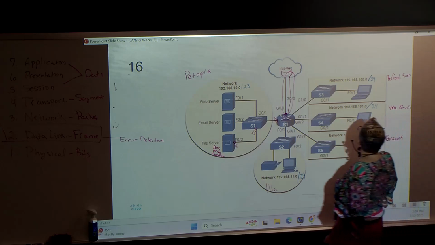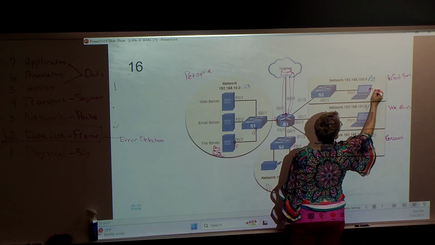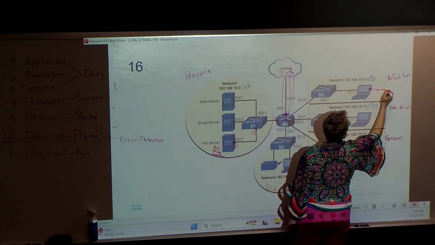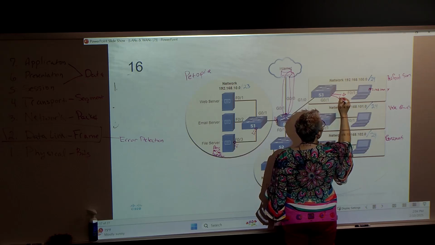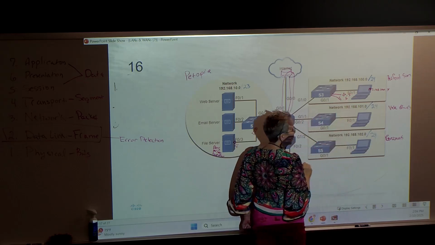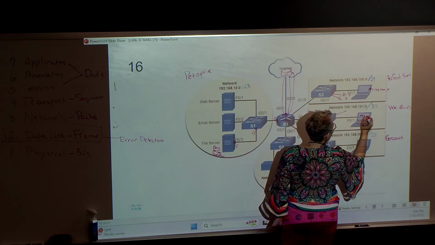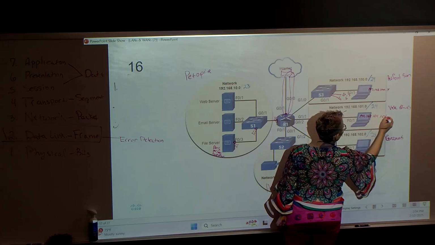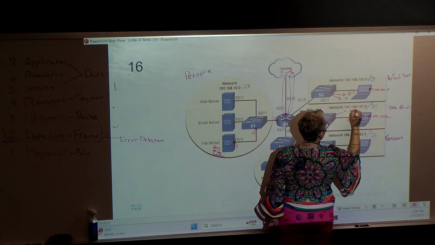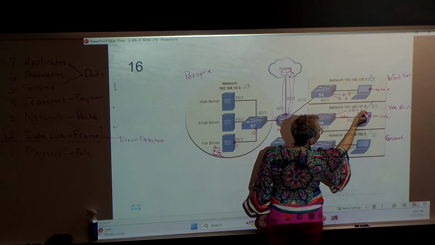Now here, if we give this an IP address, this might be like 192.168.100.4, and maybe I've got a couple more PCs, and that's a .5, a .6. Does everybody see that? So this one might be 192.168.101.10/24, .11/24, .12, but they belong to this network.